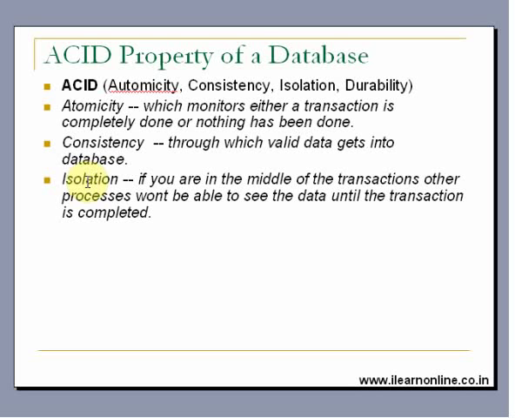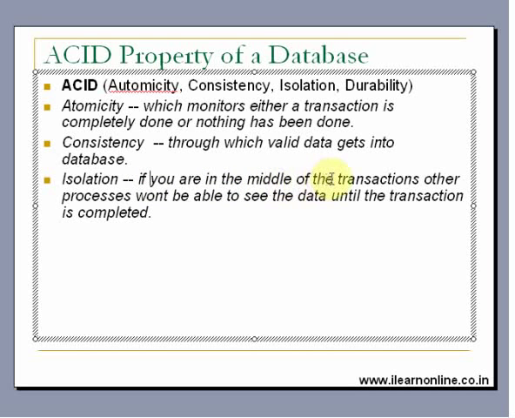So what is isolation? If one particular user is changing the salary of a set of employees, the other user should not be able to see those changes unless the changes are completely done and committed to the database. So that's what we are explaining here. If you are in the middle of a transaction, other processes won't be able to see the data until the transaction is completed.